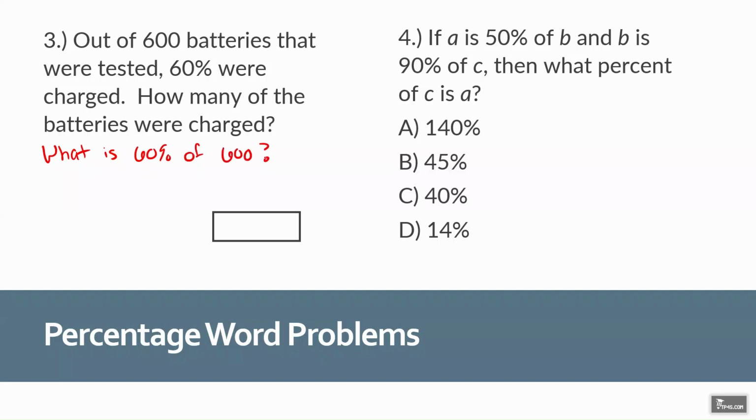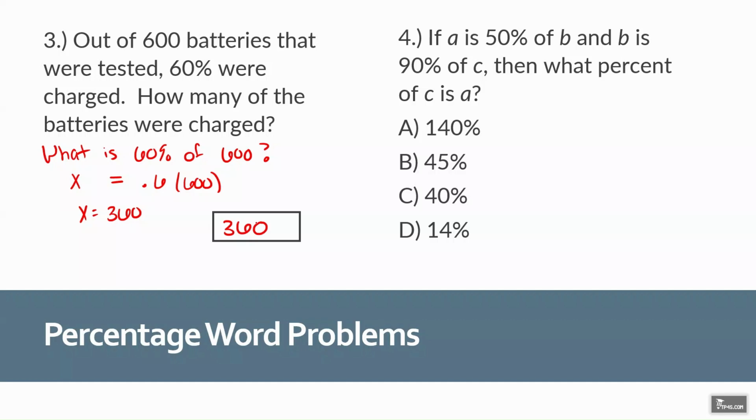Now that I see it that way, I can follow the words in their order. So what, that's my X, is 60%, 0.6, of 600, times 600. Well, I don't have to solve it all. I just have to multiply 600 times 0.6, and my calculator will tell me that's 360, and that is our answer here.